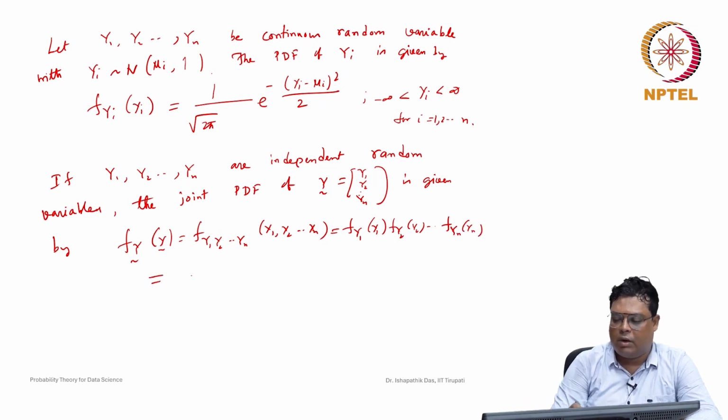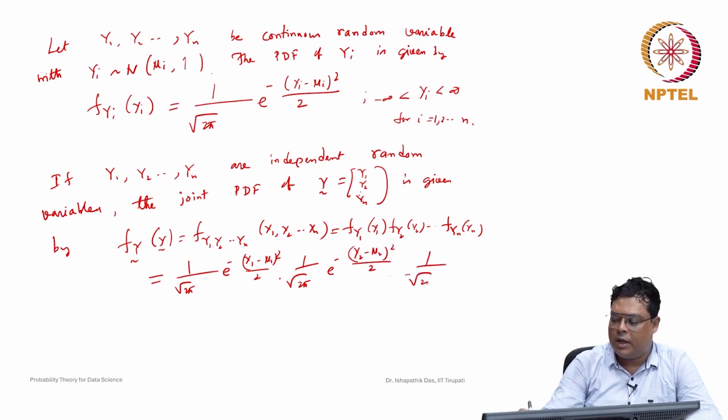So this is equal to, if we put i equal to 1, 1 by root 2 pi e to the power of minus (y1 minus mu 1) whole squared by 2, multiplied with 1 by root 2 pi e to the power of minus (y2 minus mu 2) whole squared by 2.